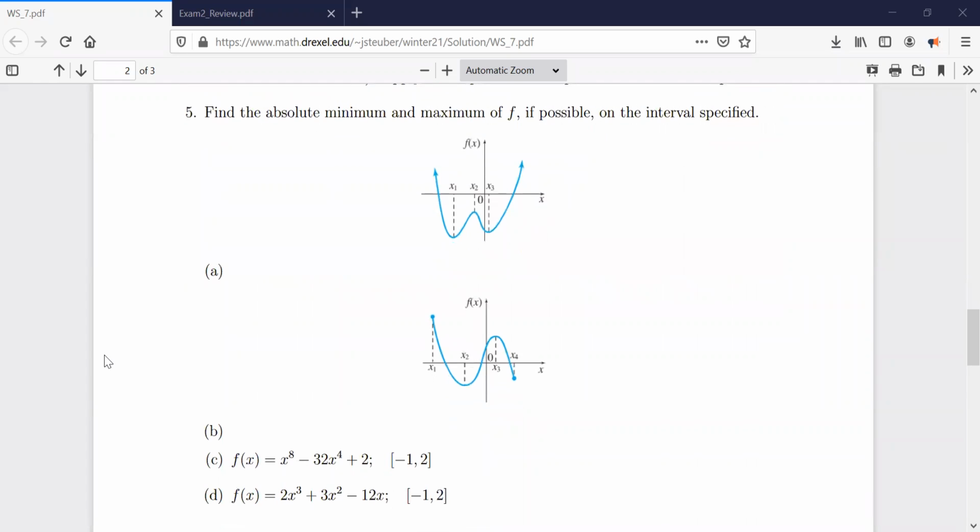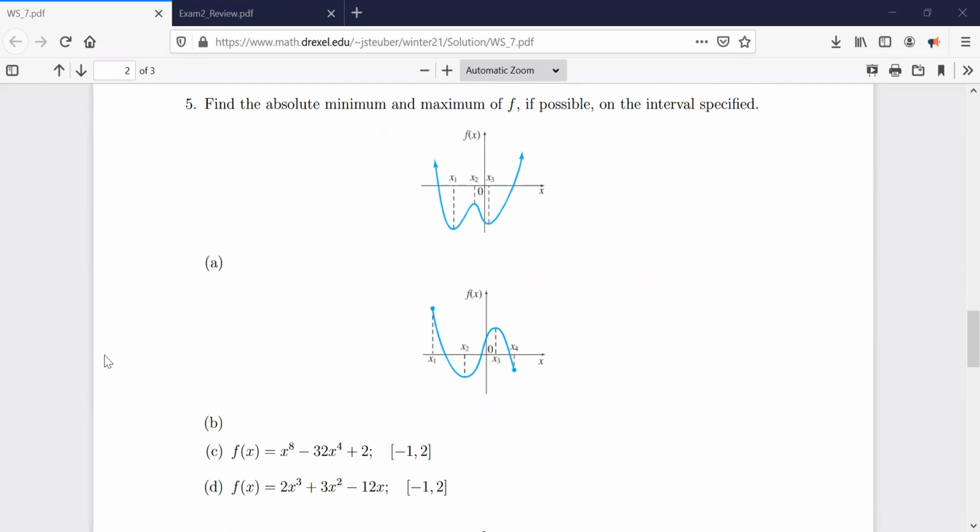Okay, so find the absolute max and min of these. So this has an absolute min at x of 1, and it has local maxes and local mins at x of 2 and 3. So the absolute min can only be at either an endpoint or a local max or min.